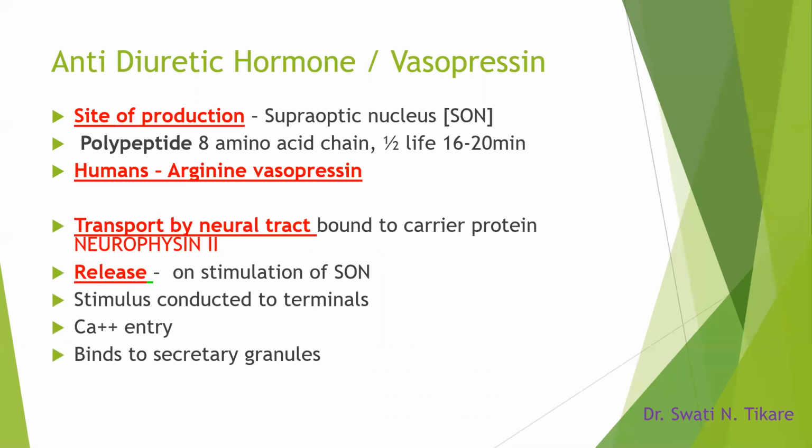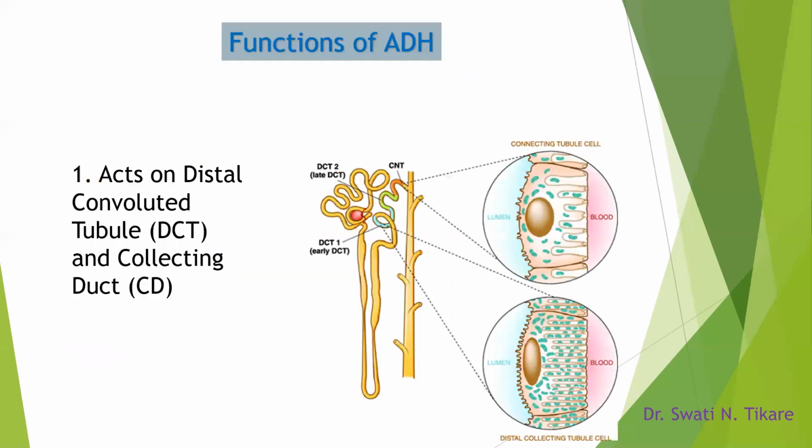Once it binds, it causes the release of ADH into the blood by exocytosis. So this is how ADH or vasopressin is synthesized in the supraoptic nucleus of the hypothalamus, transported via the neural tract, stored in the neuron terminals in the posterior pituitary, and released on stimulation into the blood.